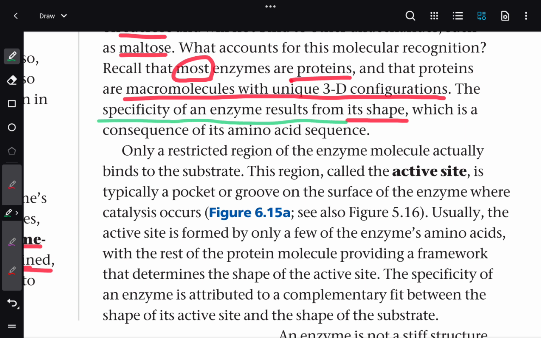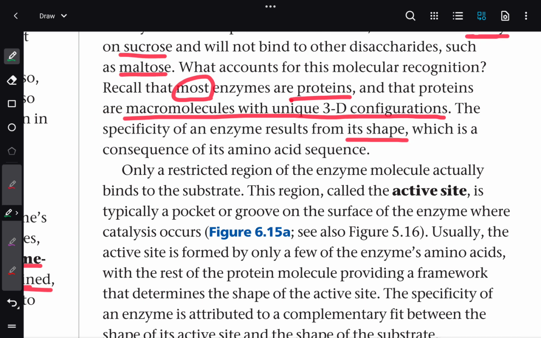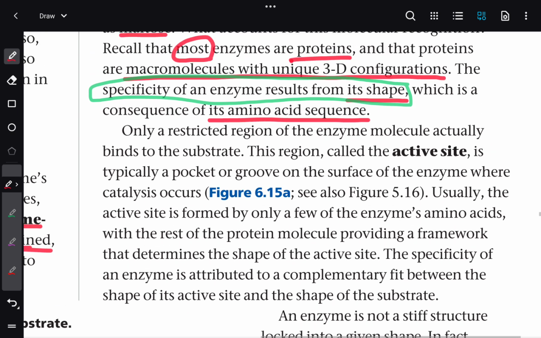The specificity of an enzyme results from its shape, which is a consequence of its amino acid sequence. We've studied that before.